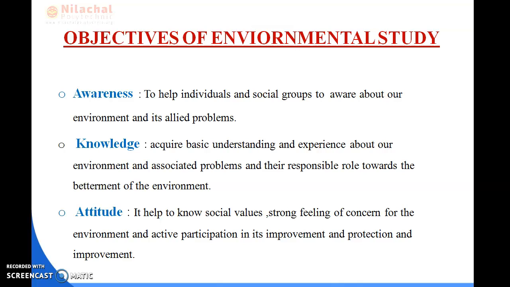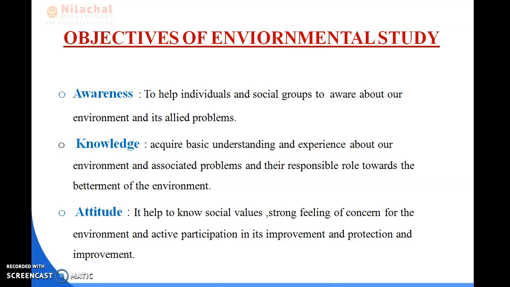Whenever people know the problems of the environment and what their roles are in its improvement, they can help. Otherwise they can't be aware of environmental improvement. So basic knowledge is required for all human beings and all the public.